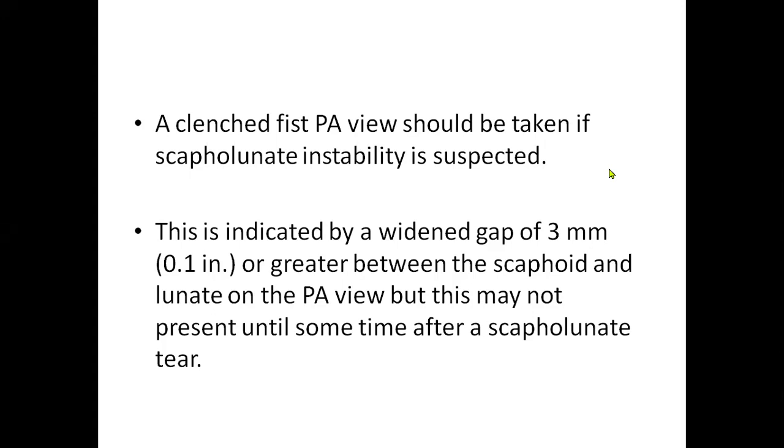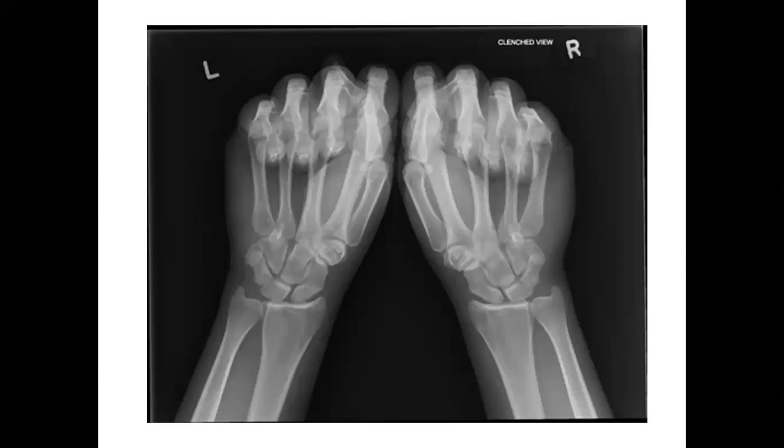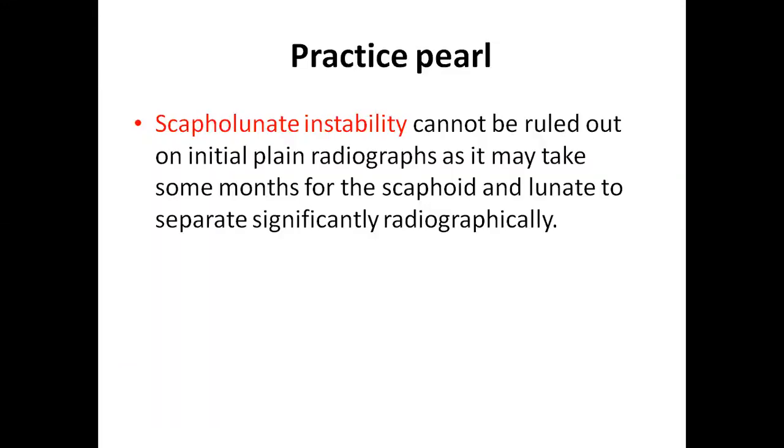So until the tear of the scapholunate ligament, it's very difficult to observe scapholunate instability on the PA view. This is another example of the clench view, the clenched fist PA view of the wrist.